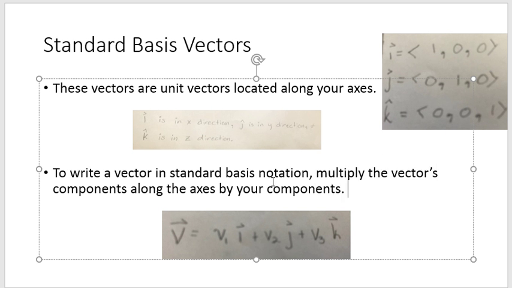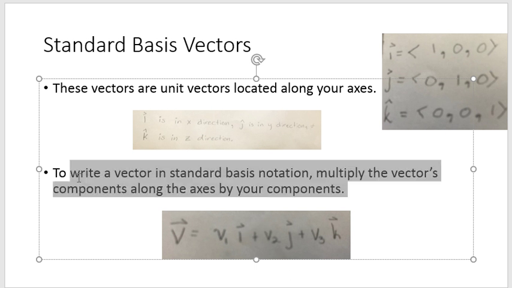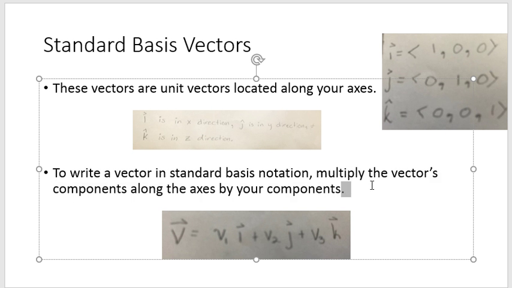Yeah, we're just going to ignore what that says for a minute. You just multiply components by your standard basis vectors. That's all you do.